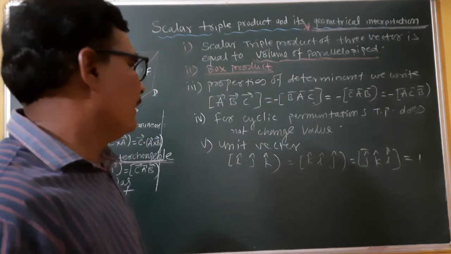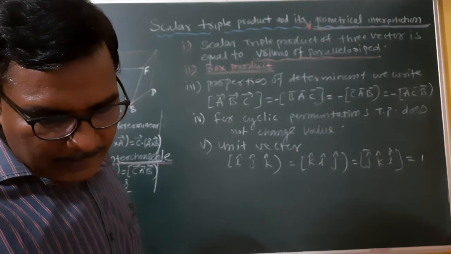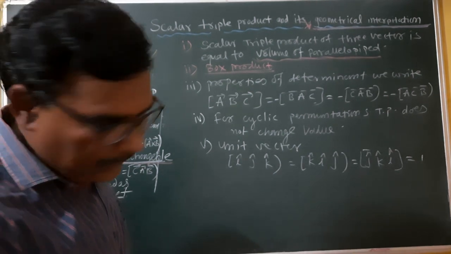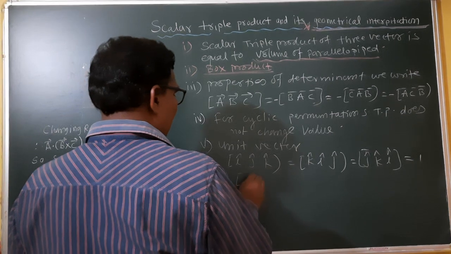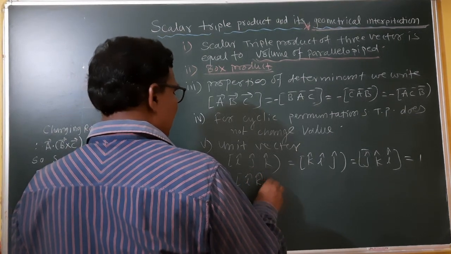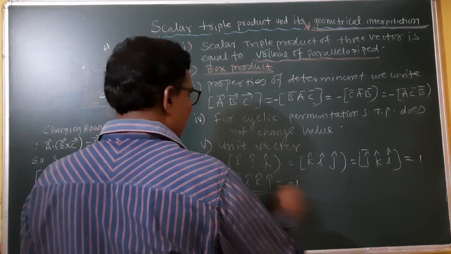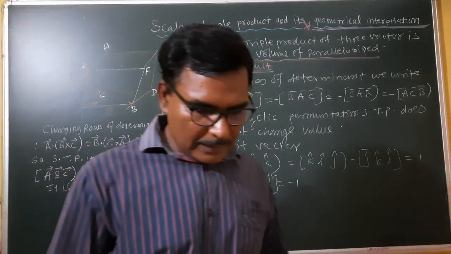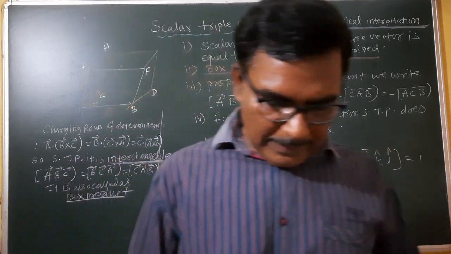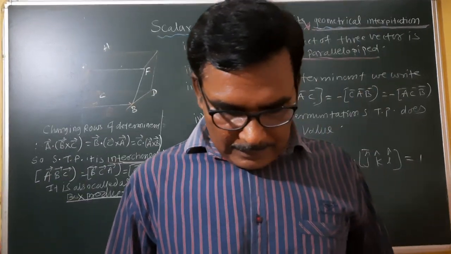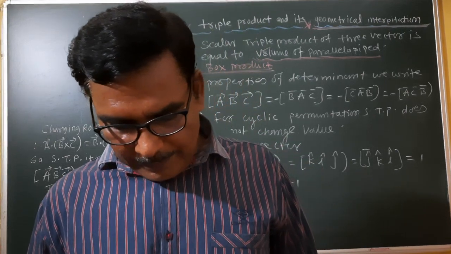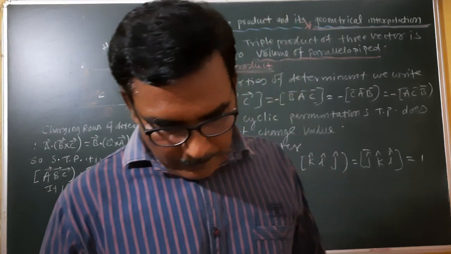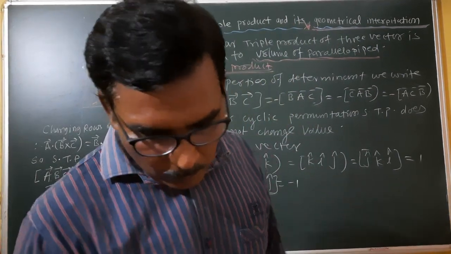If the order is changed, the sign becomes negative. For anticyclic, that is i k j, it is equal to -1. These are the properties we have to consider here. When the vectors lie in the plane, the volume of the parallelepiped is 0.